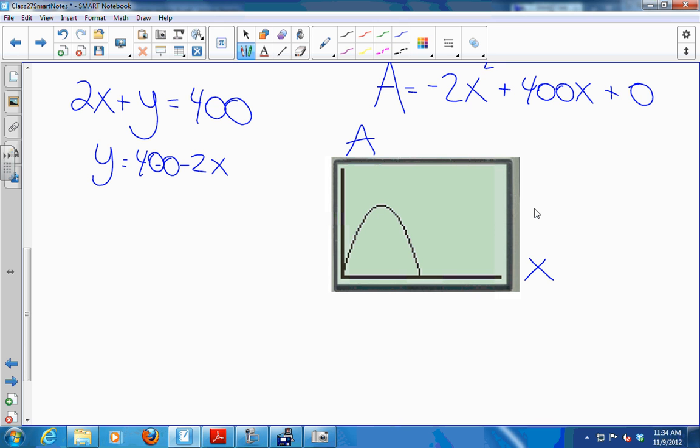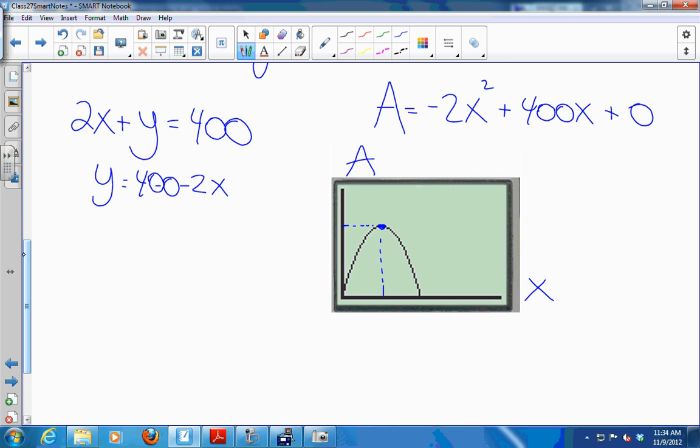So again, the x coordinate is representing one length of the corral, and the y axis is representing area. So I'm interested in this point here because that is going to be the biggest area, and I want to know what x value will give me that.